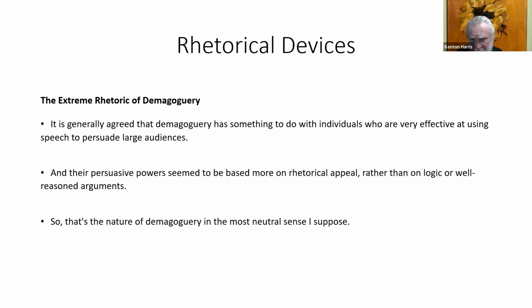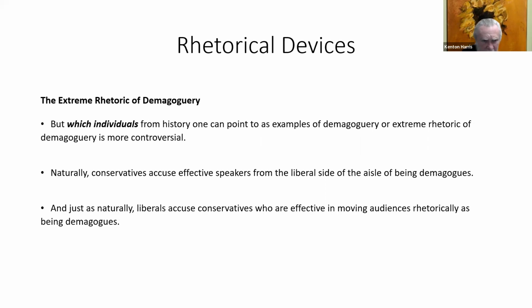So that is a sort of neutral description of demagoguery, and most people agree that those are features of demagoguery. But which individuals from history one can point to as examples of demagogues, or examples of demagoguery itself, or extreme rhetoric of demagoguery, is more controversial.